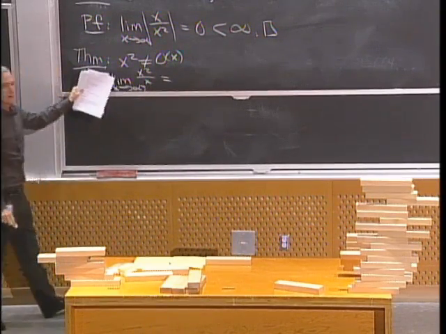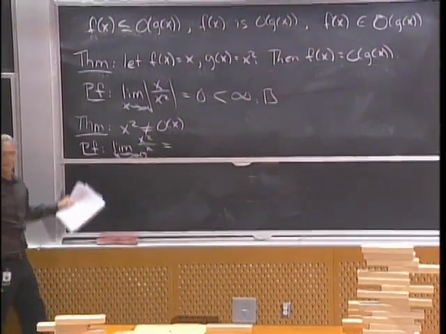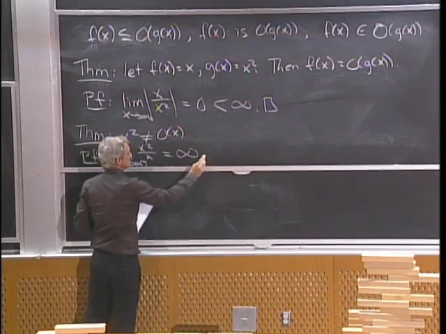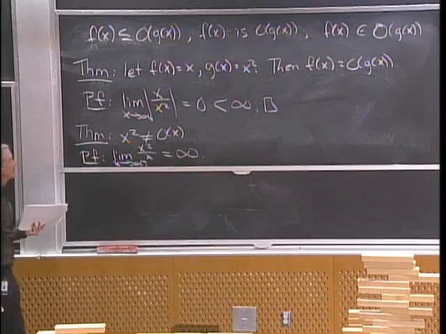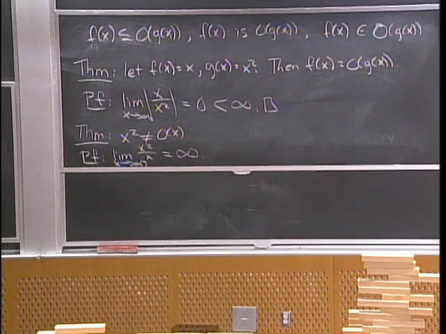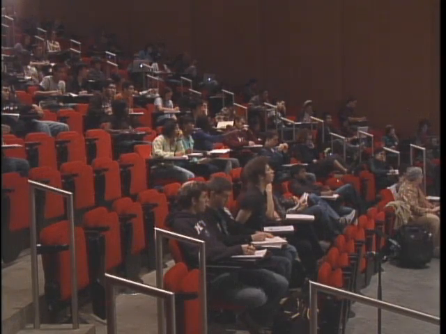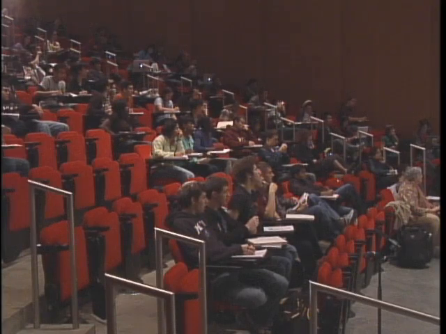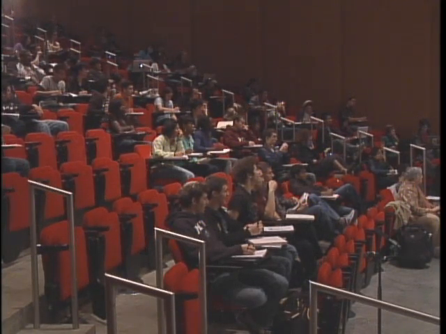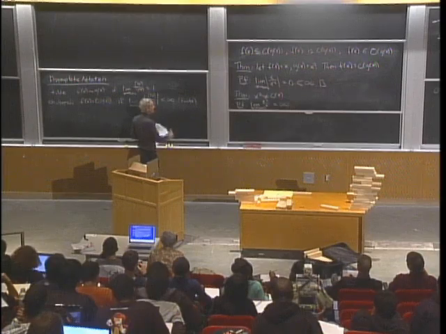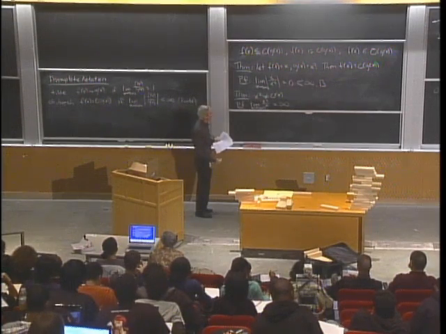And what is that limit? Infinity. And so it can't be true that x squared is O of x, because the limit has to be less than infinity. Yeah? Sorry, I missed what was the limit? Infinity. Oh, sorry. Infinity. There we go. That's important in the definition. Yep. Good.